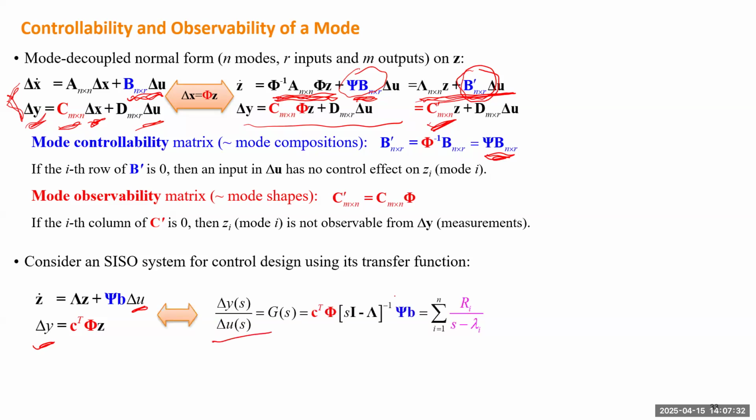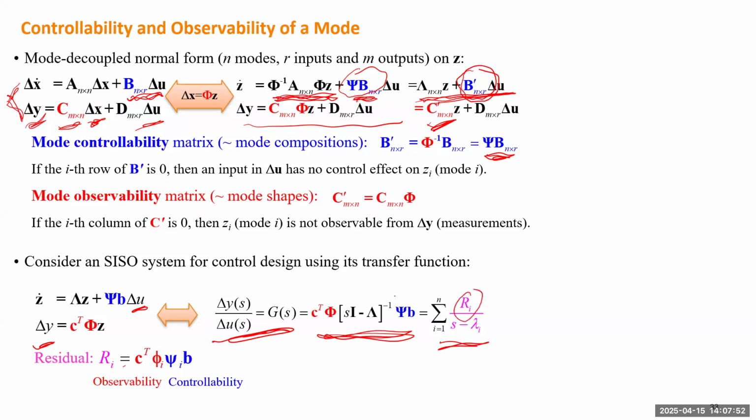Okay, so we can get the transfer function from the input to the output. I assume you know how to do it. Finally, it will be a summation of many such first order systems, and each first order system is related to one single mode. We call this Ri a residue. The residue can be understood as the multiplication of observability and controllability.